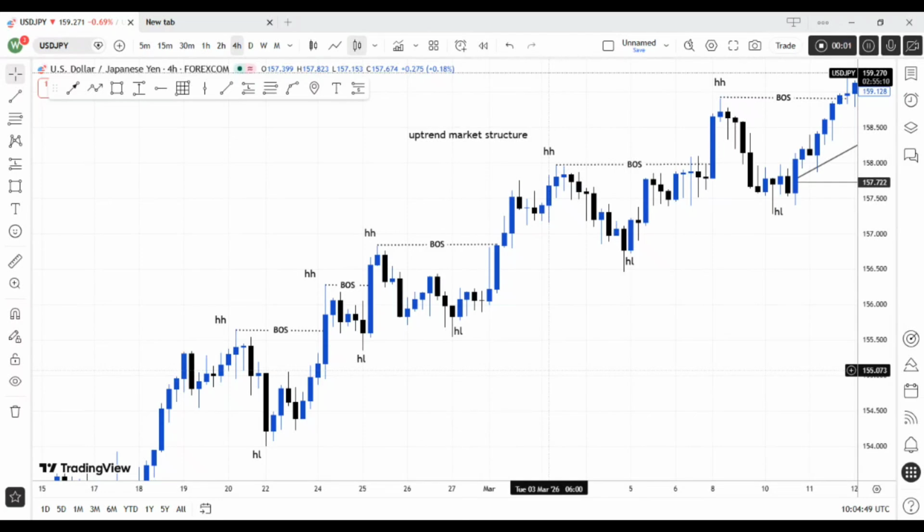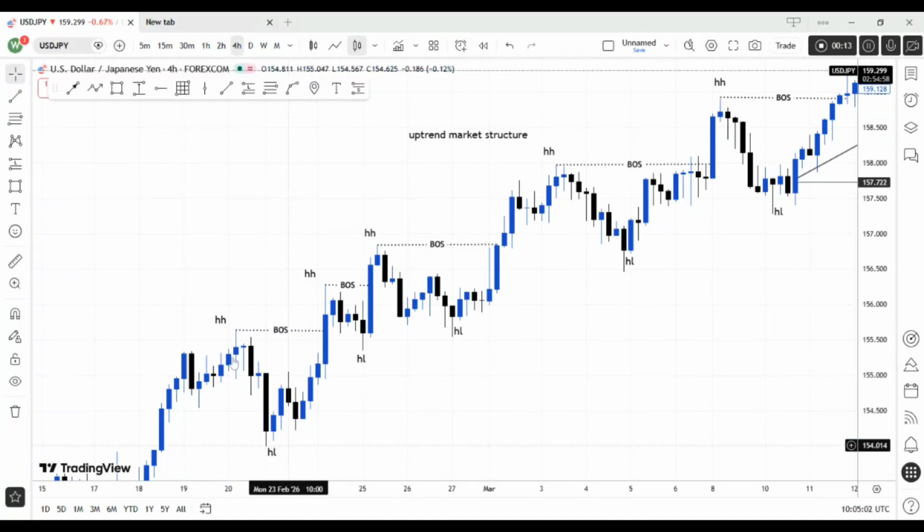So we shall be starting with an uptrend market structure, as we had seen in the video before. In an uptrend market structure, as we said, the market is forming a series of higher highs and higher lows. In this uptrend market structure, the breaks of market structure are formed above the higher lows, which isn't so with the downtrend market structure.